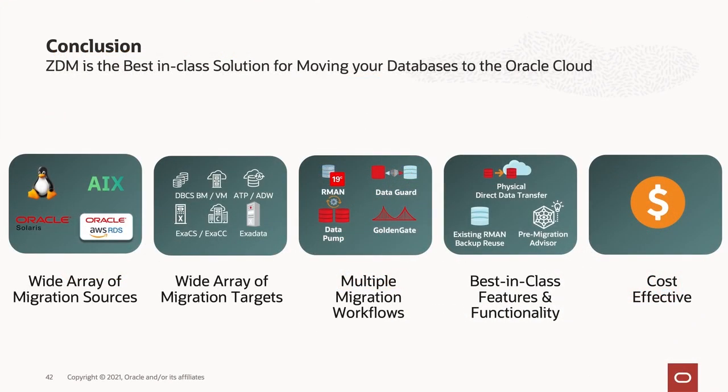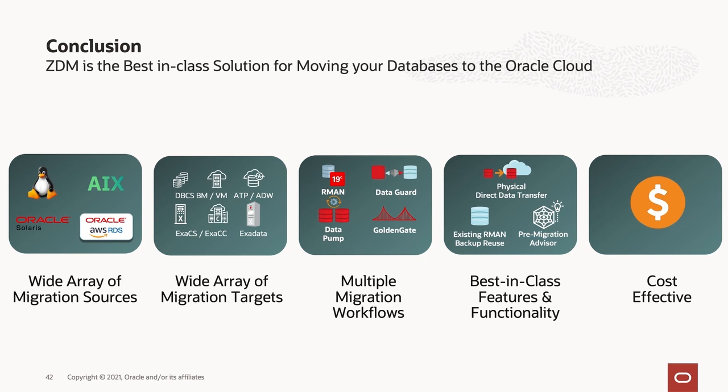We have now covered all the different features and functionalities, different migration workflows, and different ways that ZDM works. So as you can see, ZDM is the best-in-class solution for moving your databases to the Oracle Cloud. It offers a wide array of migration sources, from databases hosted on Linux, AIX, Oracle Solaris, and now Oracle databases hosted on AWS RDS.